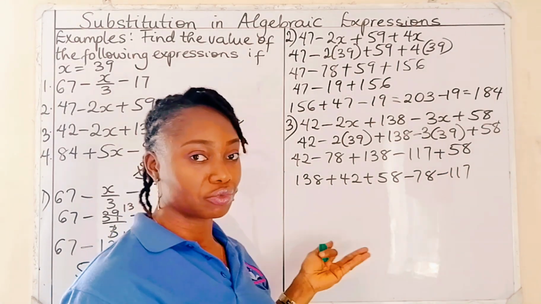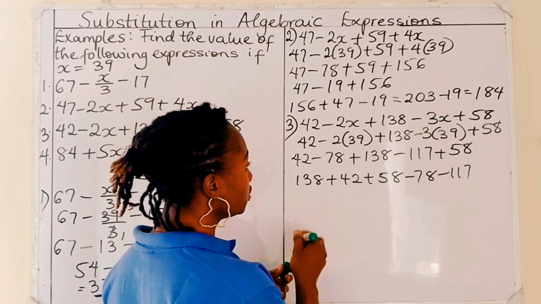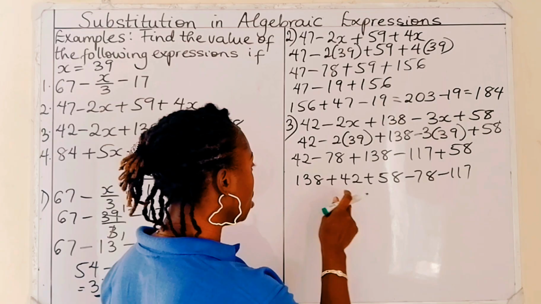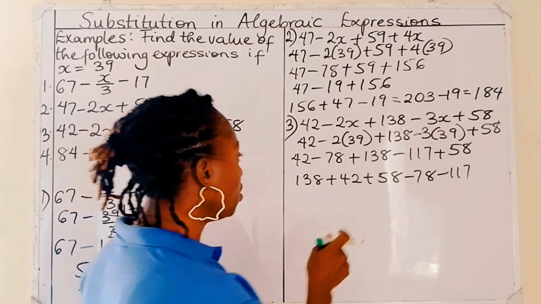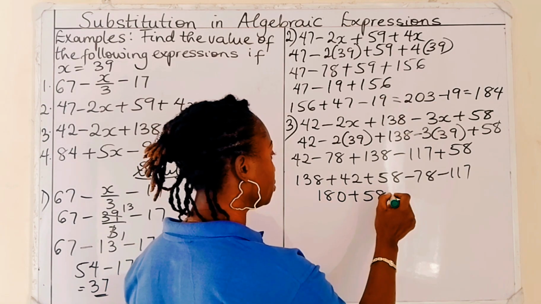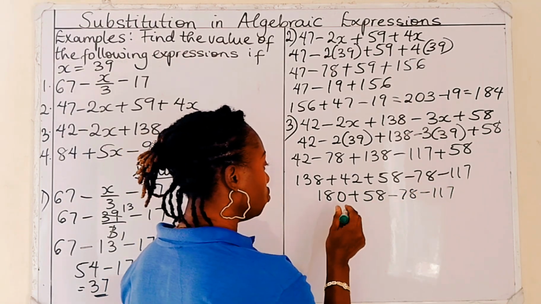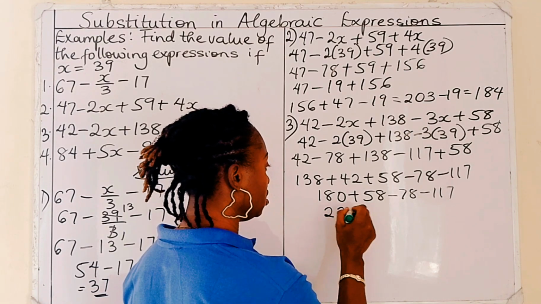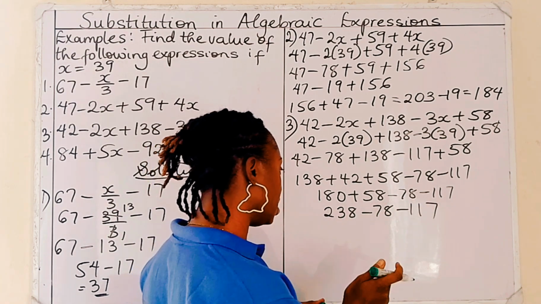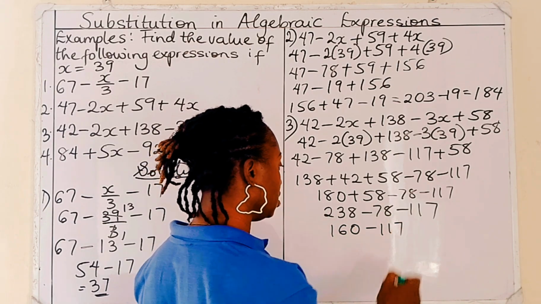You can see how we've regrouped them now. So we'll add this together. 138 plus 42 is 180, and 180 plus 58, let me write it down: 180 plus 58 minus 78 minus 117. 180 plus 58 gives us 238, minus 78 minus 117. 238 minus 78 gives us 160, minus 117.